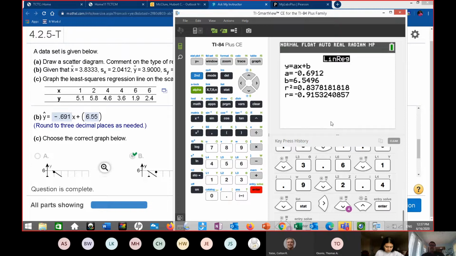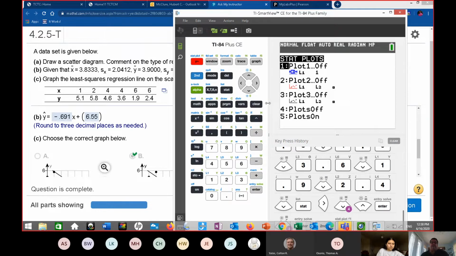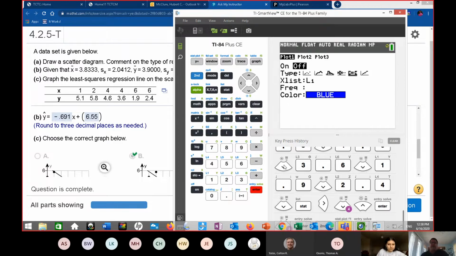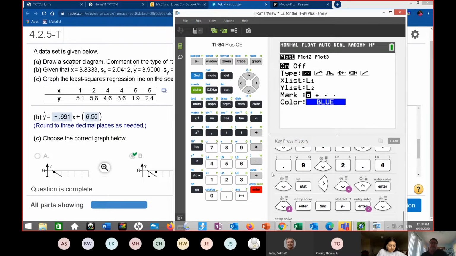Now I'm going to show you something I hadn't showed you before. Go to second, Y equals. Click Enter. You're going to enable that first one. Hit Enter for on, and make sure you hit the scatter plot, and graph.